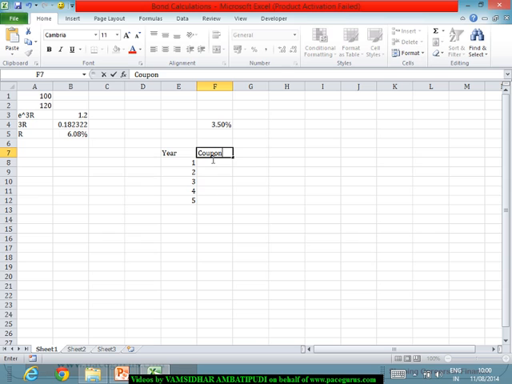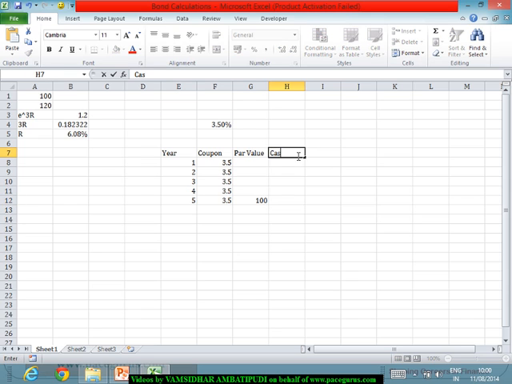The coupons that are going to come, because it's 3.5%, if the face value is 100, the coupon amounts are going to be 3.5 in each of the years. And the principal or the par value, which is 100, will come only in the 5th year.